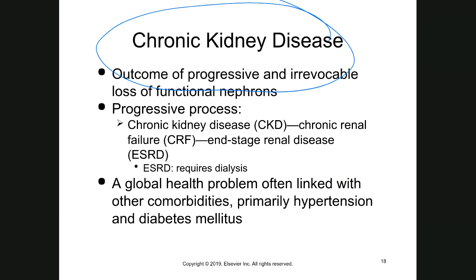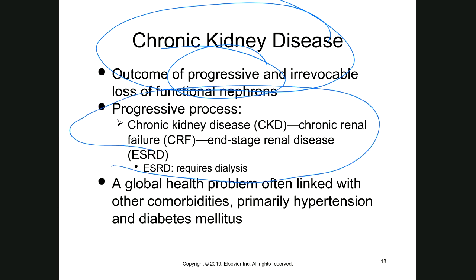And that progressive will never stop until you don't have kidneys anymore. Meaning, what we need to avoid is that the kidney enters in that direction. That is what we are looking at here. Because once it happens, sooner or later we enter the end stage renal disease, and that is when we need to use dialysis no matter what. Okay?